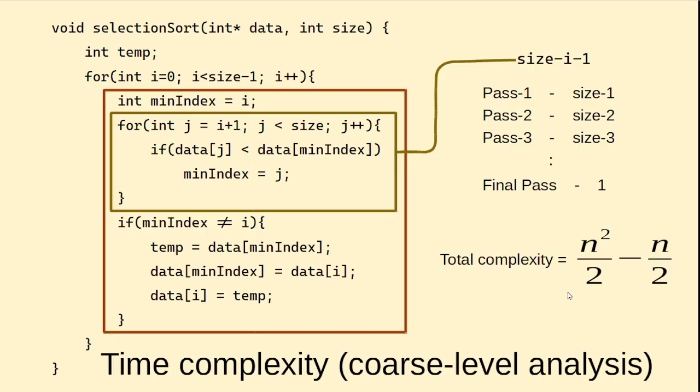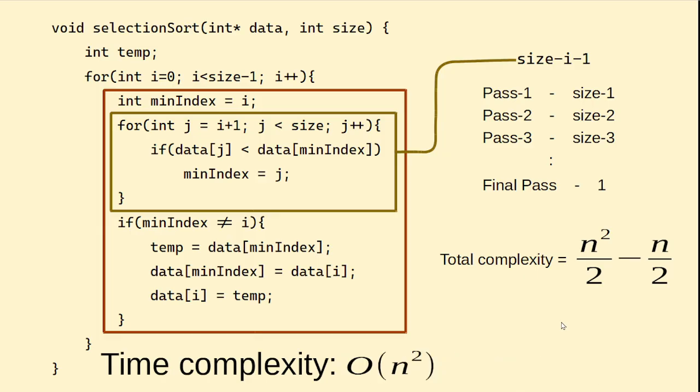That is n minus 3 plus n minus 2 plus n minus 1, and the summation formula is n times n plus 1 divided by 2. If we use that formula, we get this complexity. Therefore, the complexity of the selection sort algorithm is big O(n squared), which is a quadratic complexity.